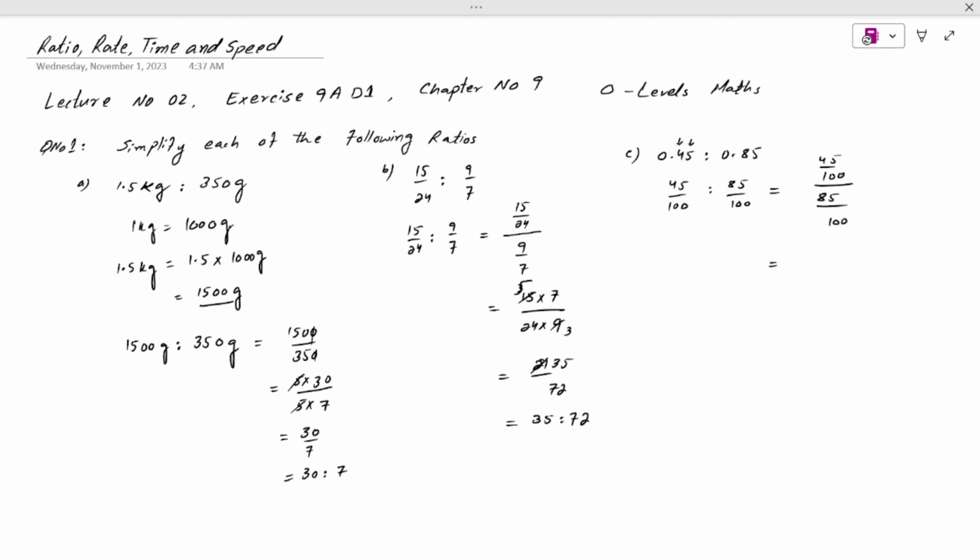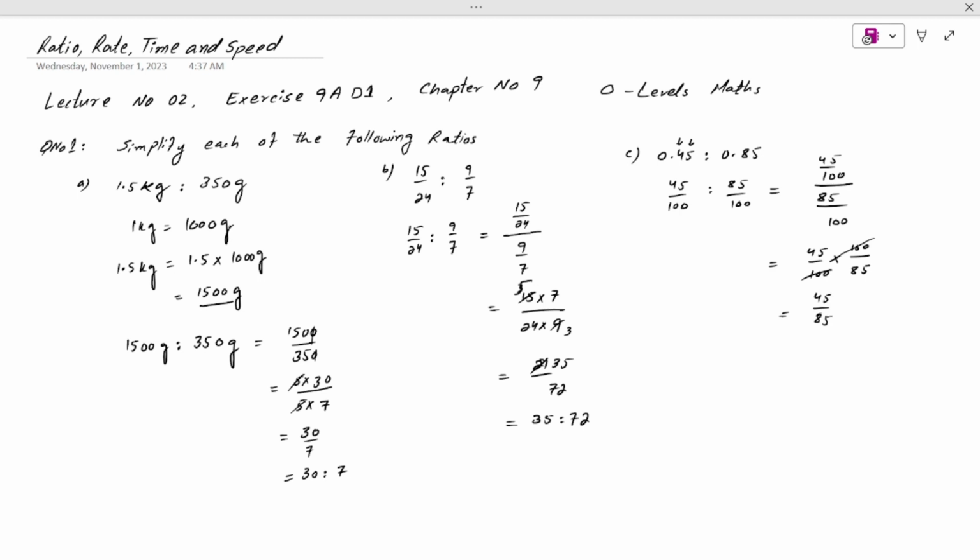Now 45 over 100 as it is, multiplied by 100 over 85, so 100 will be multiplied with 45 and 85 will be multiplied with 100. Now we can cancel 100 and 100, and we are left with 45 over 85.